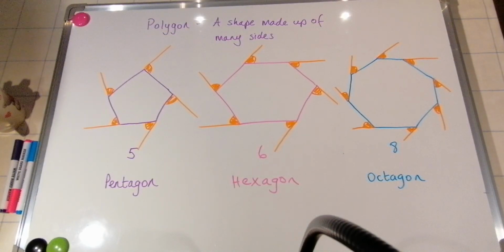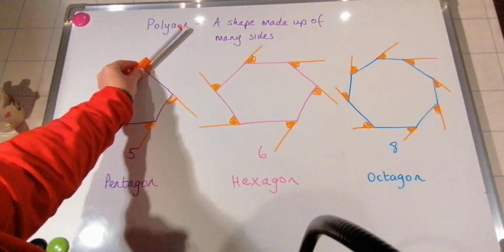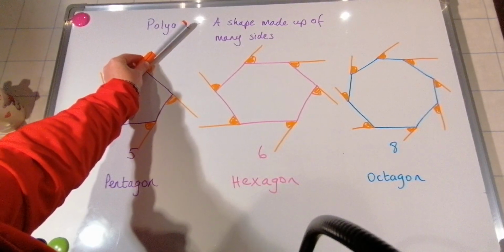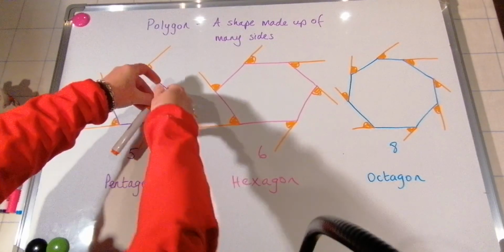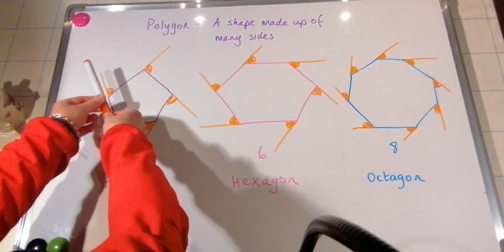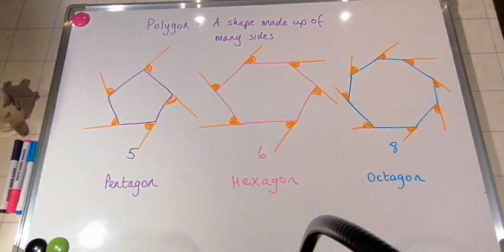So all them orange angles now on my 3 different shapes, they're my exterior angles. If you follow the direction that these orange angles are going, my orange line's pointing up that way first of all, and then it's pointing down this way, pointing across there, up that way, and then straight back there again. So the total angle that those exterior orange angles are going to add up to is 360.